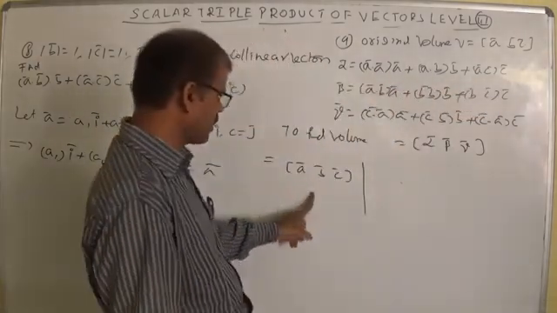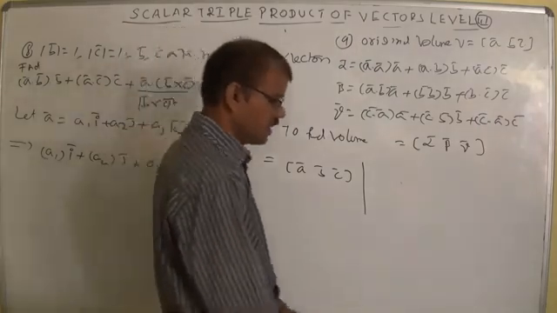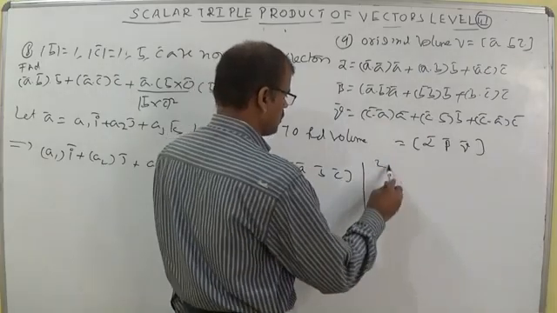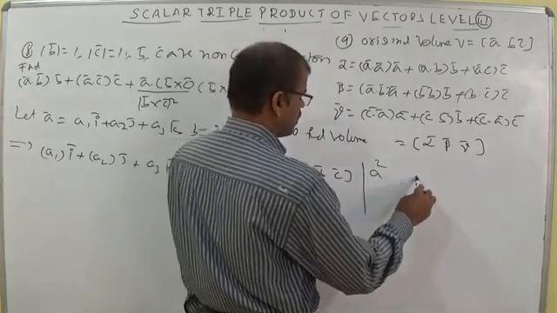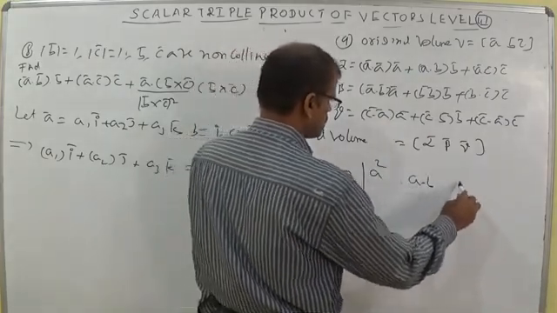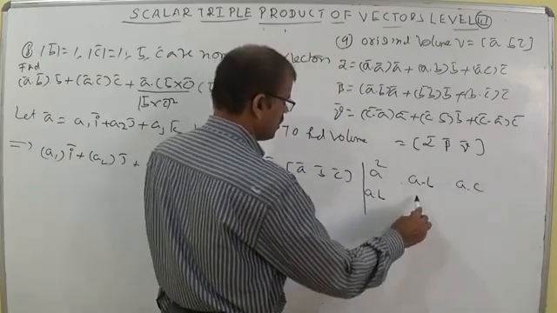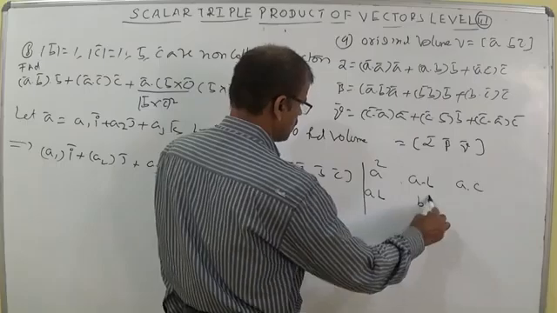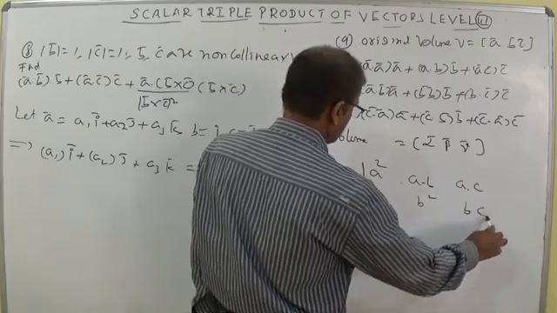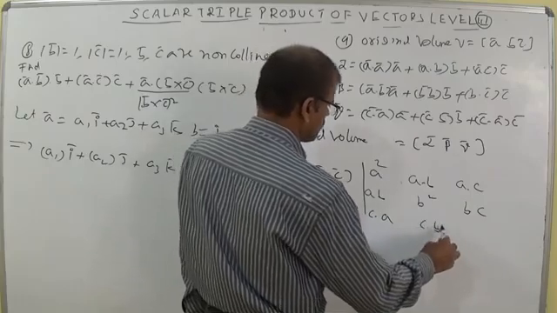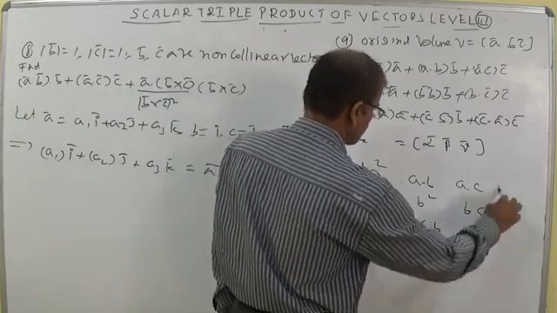Then you take them common and write it as a determinant: A dot A is a square, A dot B, A dot C, then A dot B, B square, B dot C, then C dot A, C dot B, C square.